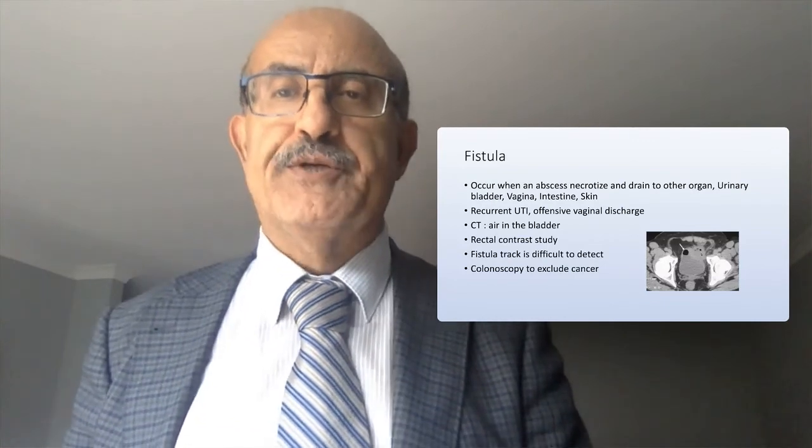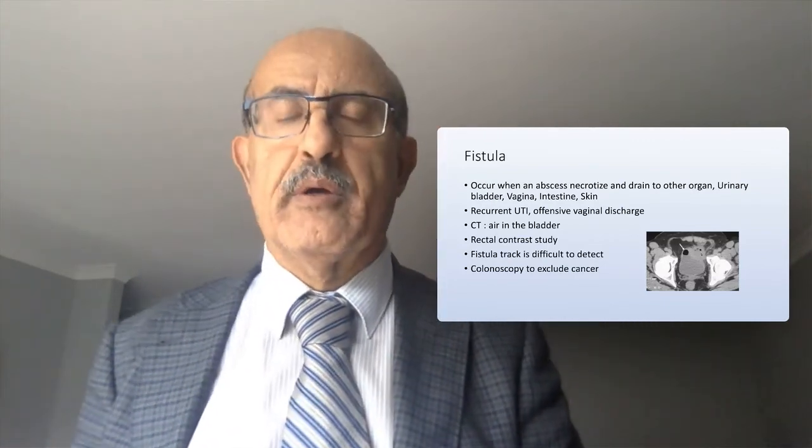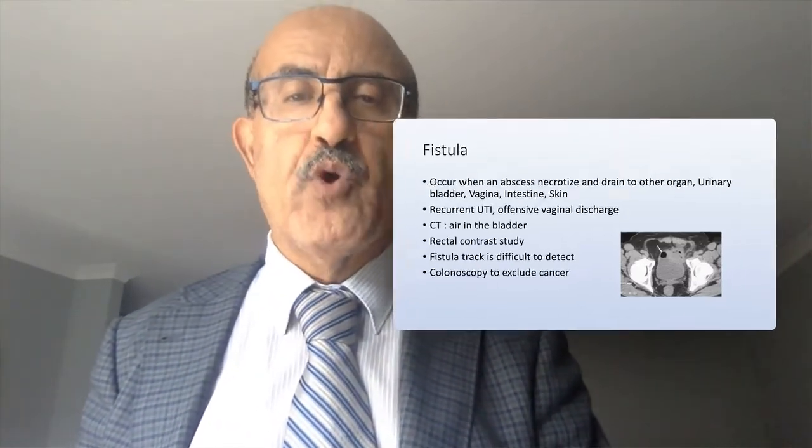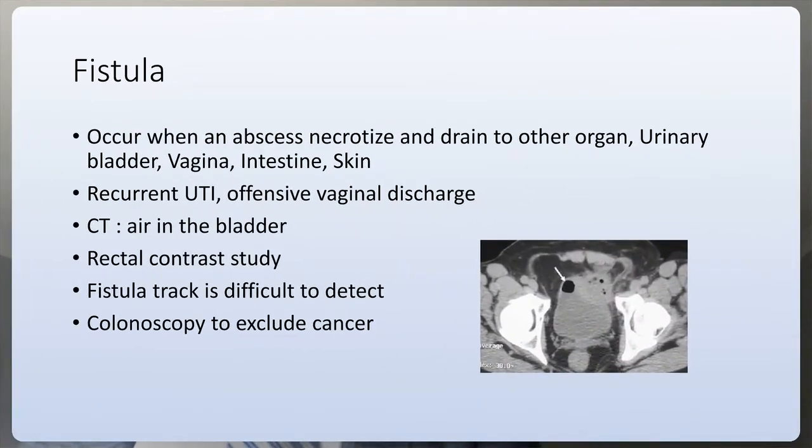Now, one of the complications that could arise, and this is a chronic, long-term type of problem that could happen after a moderately severe attack of diverticulitis, particularly in patients who have an abscess, can lead to necrosis and erosion through the wall of the bladder or the vagina in females, and rarely it could go to the skin or the small intestine.